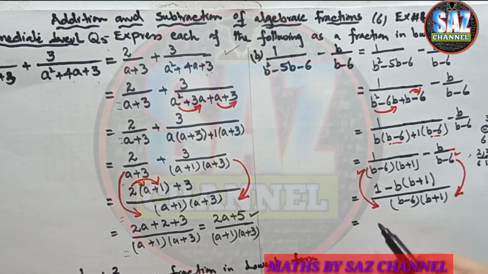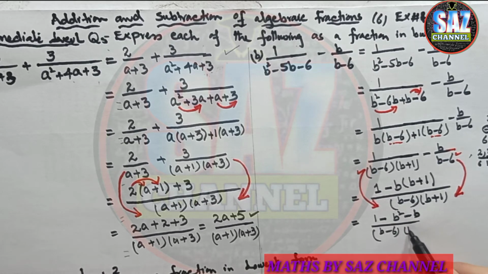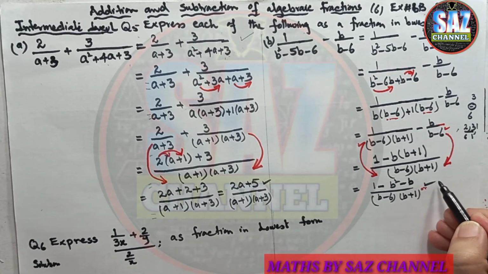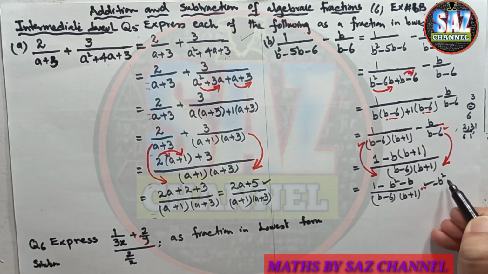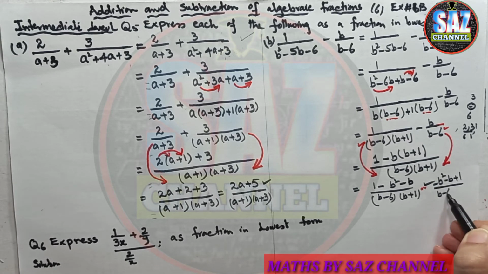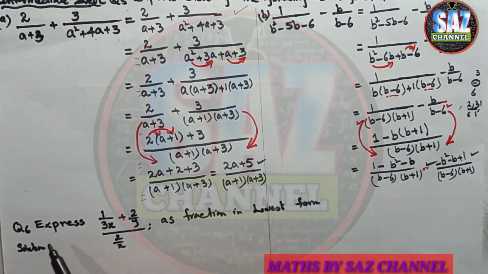Now the question will take the form 1 minus b square minus b upon b minus 6 into b plus 1, or it can be written as minus b square minus b plus 1 upon b minus 6 into b plus 1. I hope you are clear about this question. Let's move to question number 6.